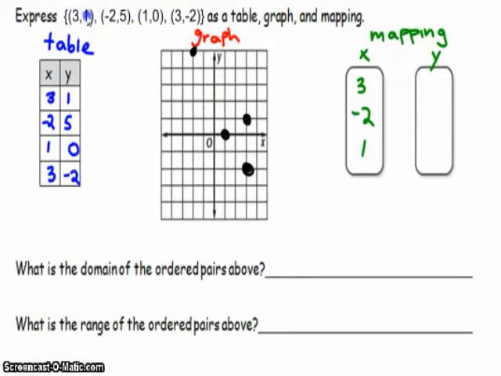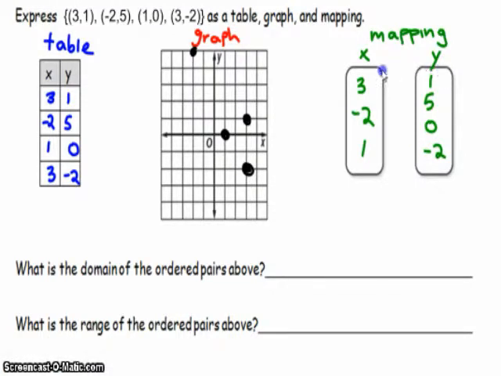In my y column, I have 1, 5, 0, and negative 2. And now we draw arrows from the x to its corresponding y value.